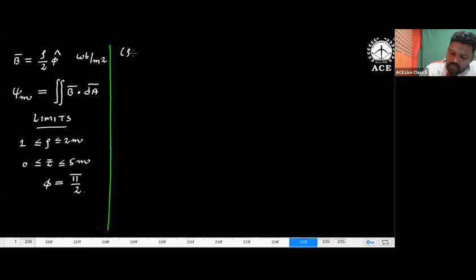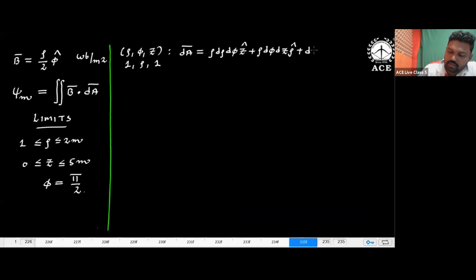So here it is rho phi z. Scaling factors are 1, rho, 1. Here dA is equal to multiplication of first two, rho d rho d phi z cap; multiplication of next two, rho d phi dz rho cap; last two, dz d rho phi cap. Here phi is equal to constant, beta.